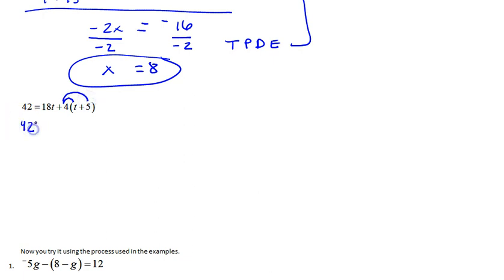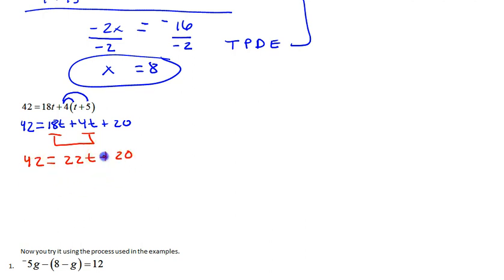So I have 42 equals 18t plus 4 times t is 4t plus 4 times 5 is 20. Now I can simplify this side of my equation, and I have some like terms here. So I get 42 equals 22t plus 20.